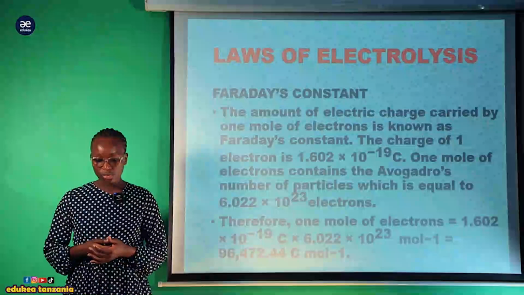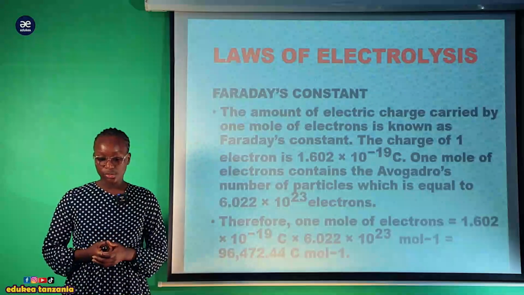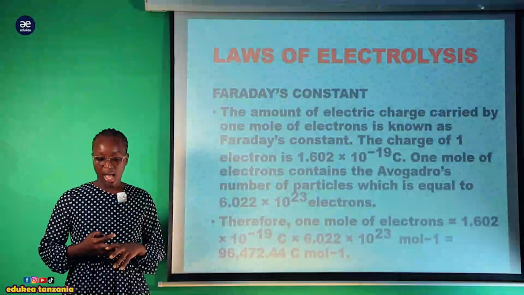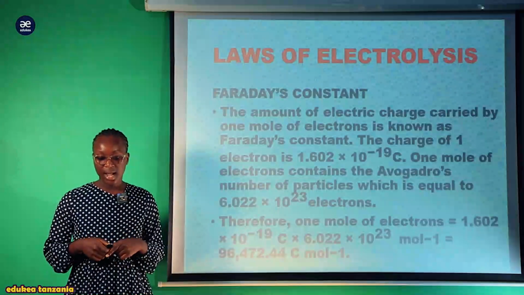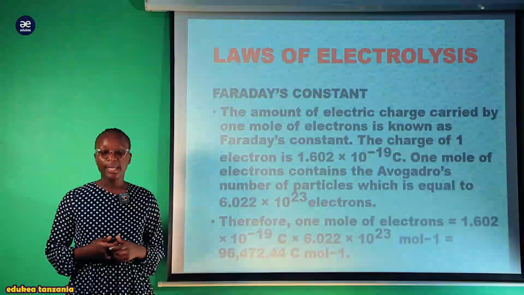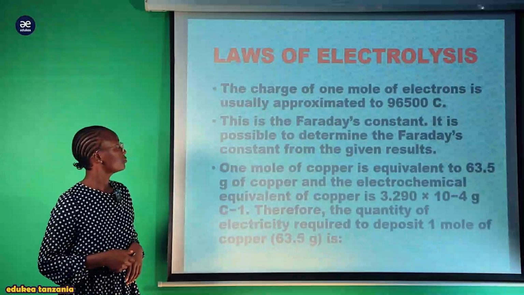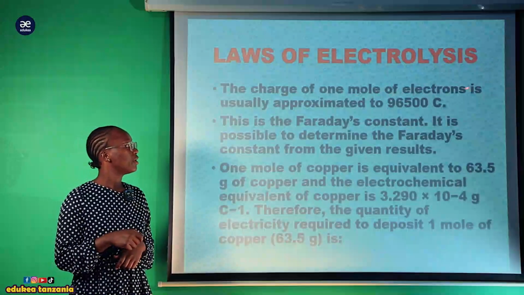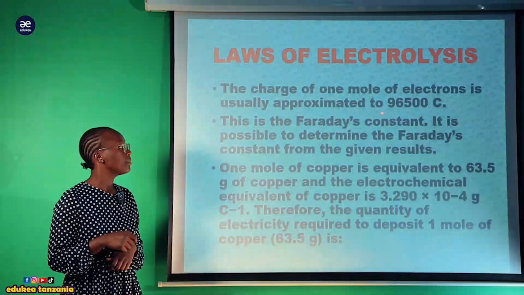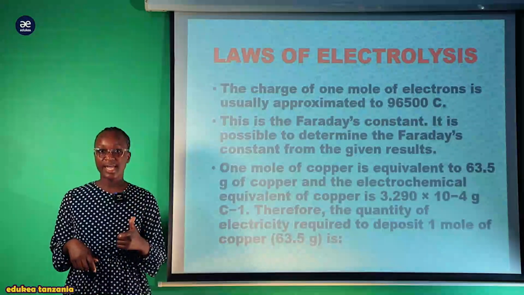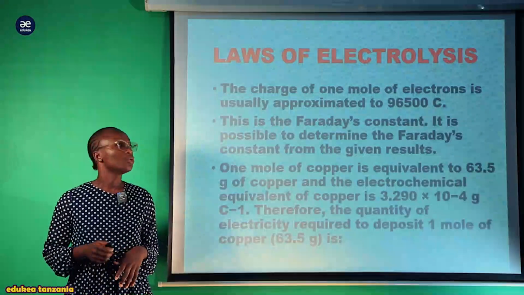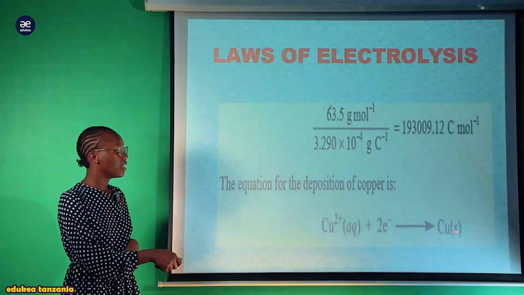So finally we are going to have the answer which is equal to coulombs per mole ambayo itaenda kuwa ni 96,472.44 coulombs per mole. The charge of 1 mole of electrons is usually approximated to this one. Kwamba hii charge sasa ikawa approximated to 96,500 coulombs.